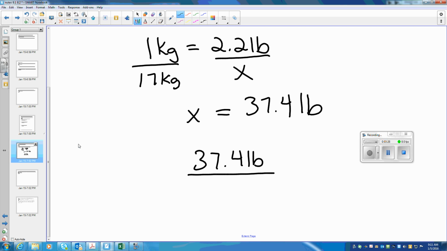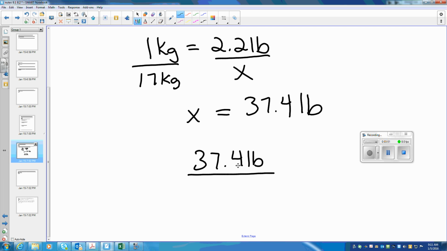Do we want to divide by the money or divide by the pounds? Why? We want to divide by the pounds because it'll give you the cost per pound, and that's what we want to know, the cost for 5 pounds, but we'll start with the cost per pound, right?